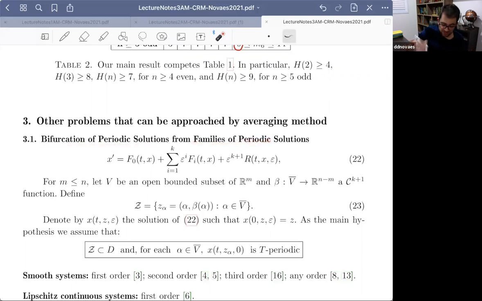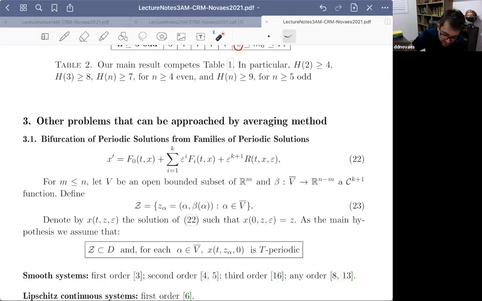In this situation, the unperturbed system is not the trivial one as we had in our standard form, where epsilon appears multiplying everything, and when we take epsilon equal to 0, we have the trivial differential equation x prime equals 0.